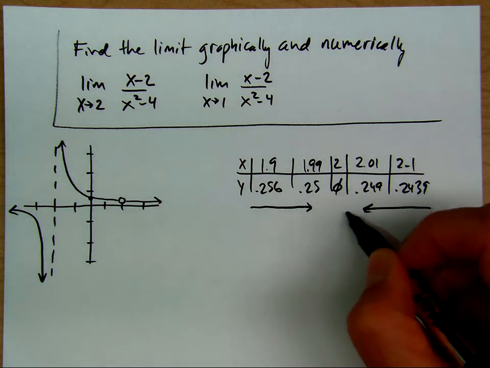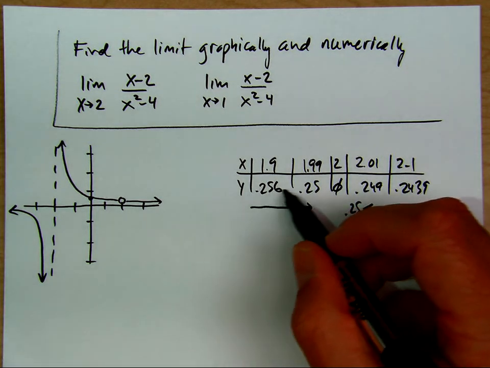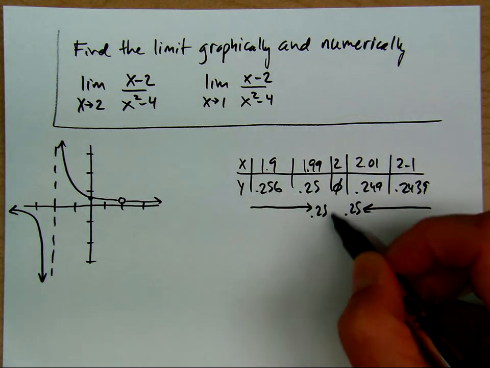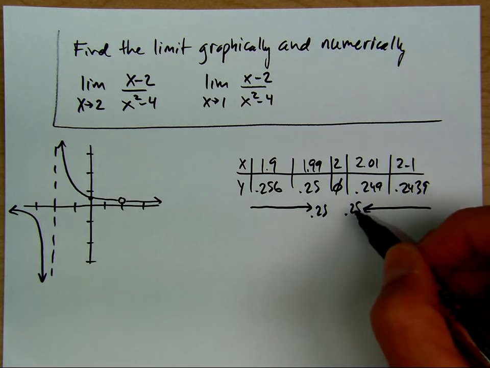They look like they're approaching 0.25. These numbers are approaching 0.25, so it looks like the limit is 0.25.